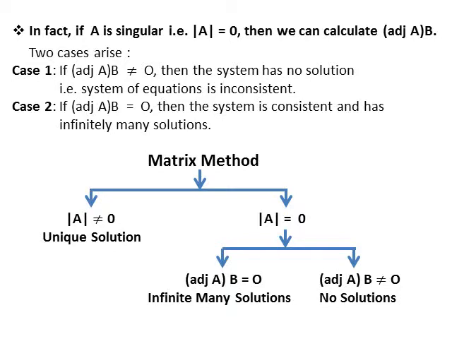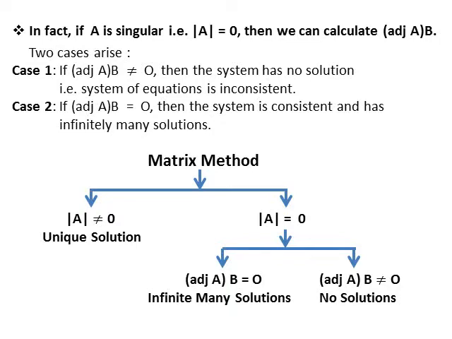If determinant of A is equals to 0, then we find product of adjoint A and B. If product of adjoint A and B equals to null matrix, then system of equation is having infinite many solutions. If product of adjoint A and B is not equal to null matrix, then system of equation is having no solution. But in our syllabus, we have the system of equations having unique solution only.